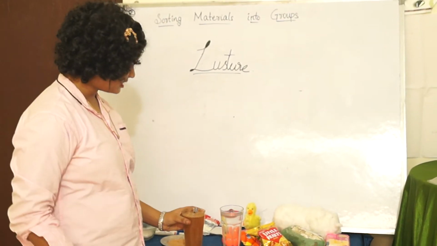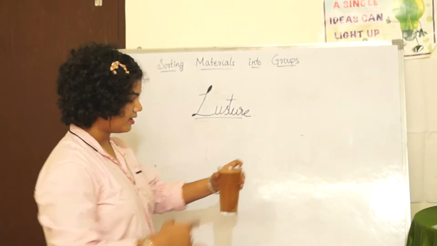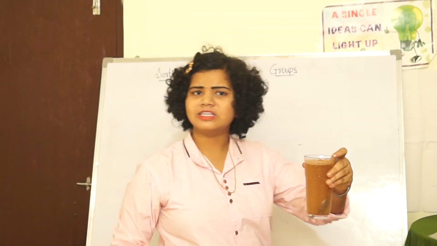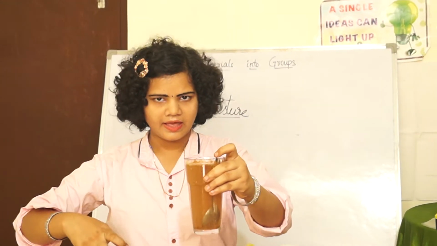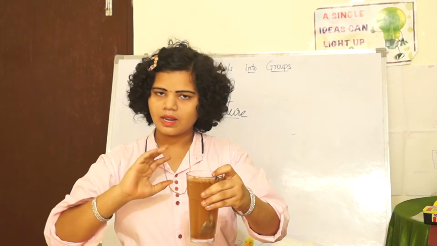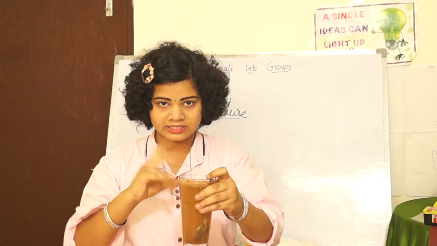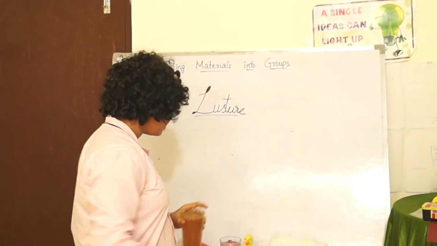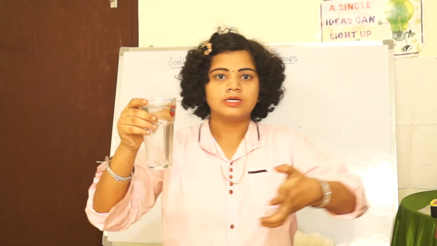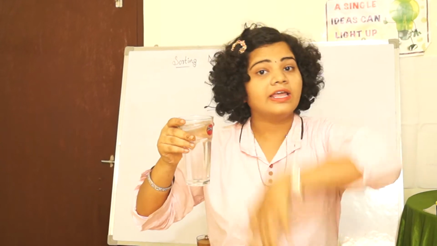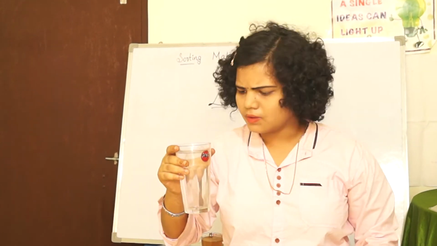The sawdust remained; this sawdust has not dissolved in this water. But when you see, my God, the salt disappeared. The salt dissolved in the water. So what is the reason behind this?